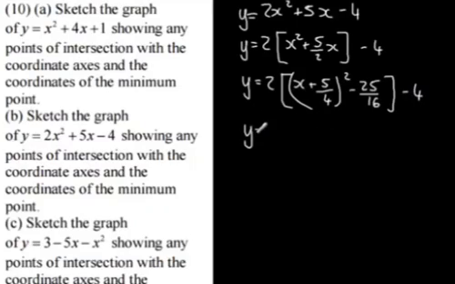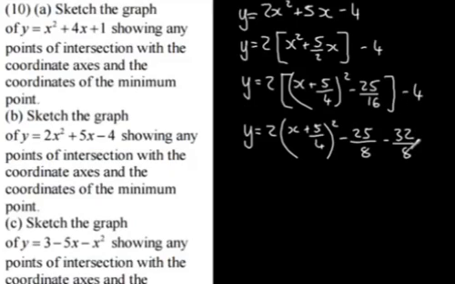Multiplying back through, y = 2(x + 5/4)² - 25/8. 2 multiplied by 1/16 is 1/8, minus, now this is going to give me 32/8.